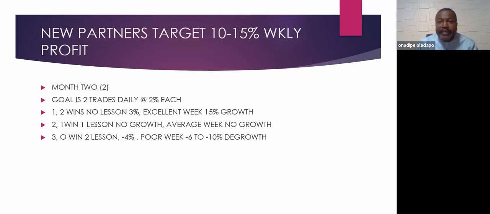So in that way there are 2 different accounts. But once you take 2 and your goal is 2% per trade, and you want 3% account growth, you are done.